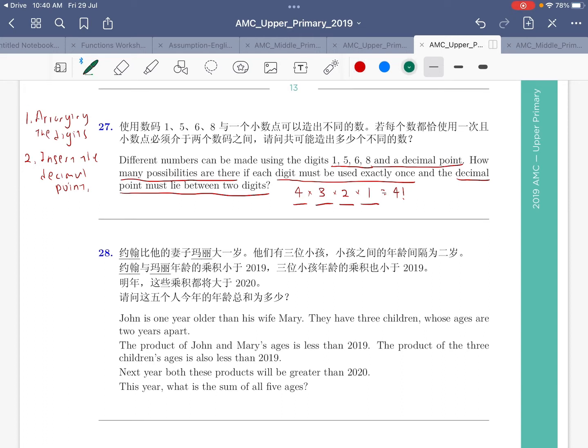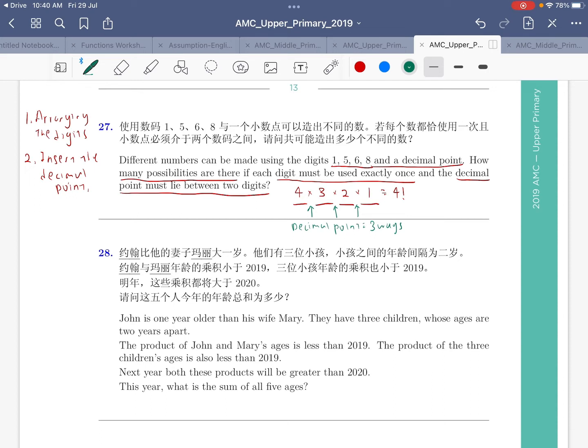Where will be appropriate spots for the decimal point? It can be here, it can be here, it can also be here. So how many ways are there for me to put 1 decimal point in between the numbers? Well, there are just 3 ways, right? So the decimal point has 3 ways.